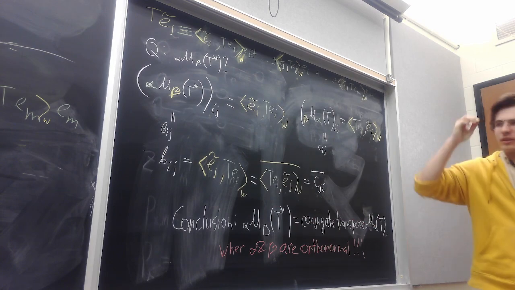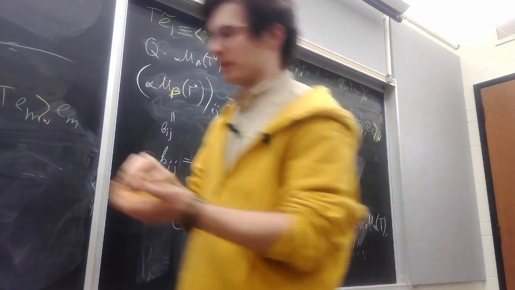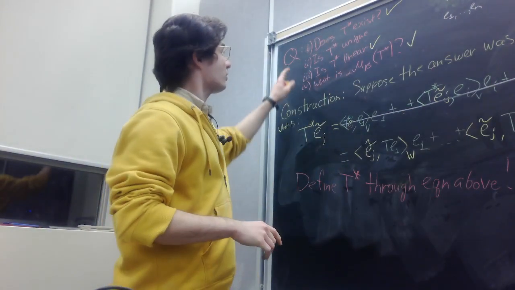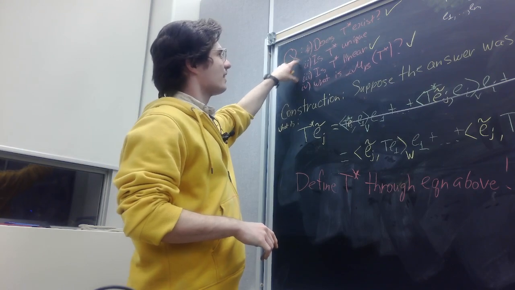So now let's go back to the questions. So we've now answered this one. We've now answered what the matrix is in terms of the matrix of T, it's the conjugate transpose. Good. Now, there's actually one question that we didn't answer.